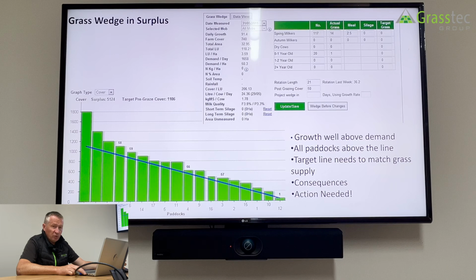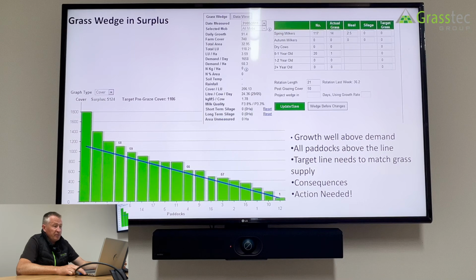It's going to affect the quality of the grass in the next rotation, because you won't get the residual down low enough, and there's a knock-on effect then. Quality of the sward drops, cow performance then subsequently drops. And so action is needed in this instance.